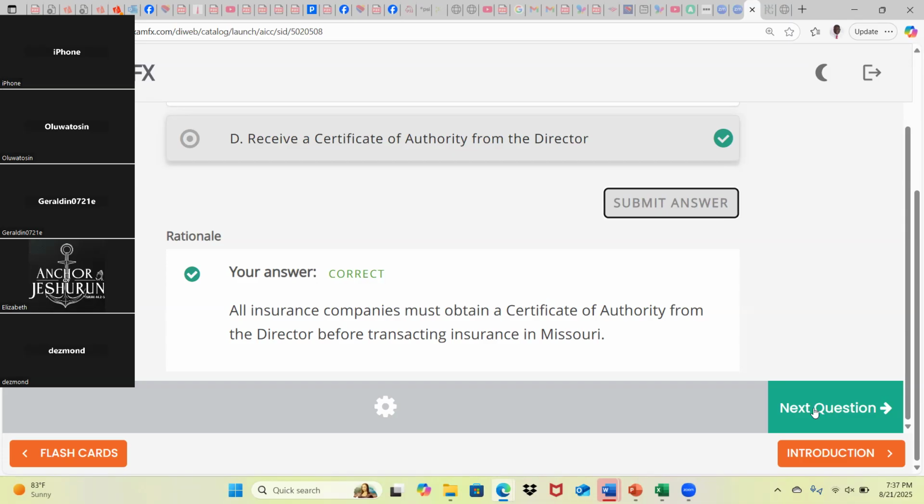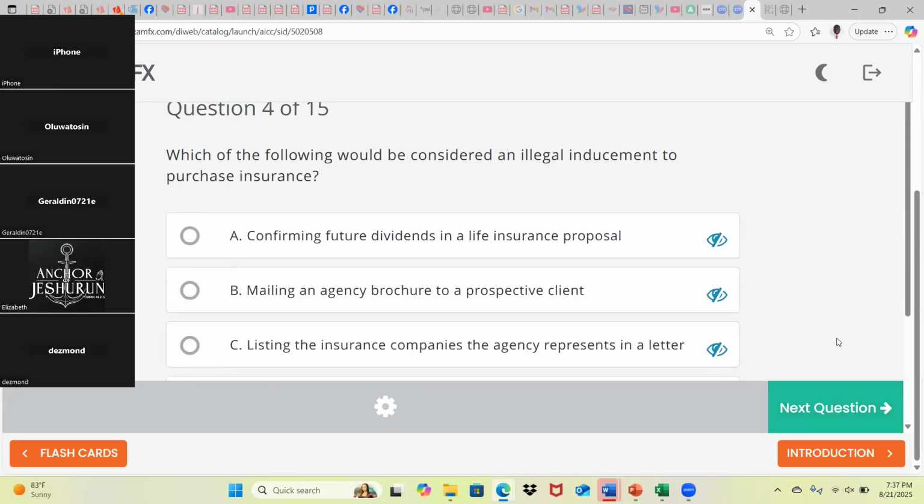They may even throw it in among associations that regulate variable policies. Remember, the NAIC does not regulate.